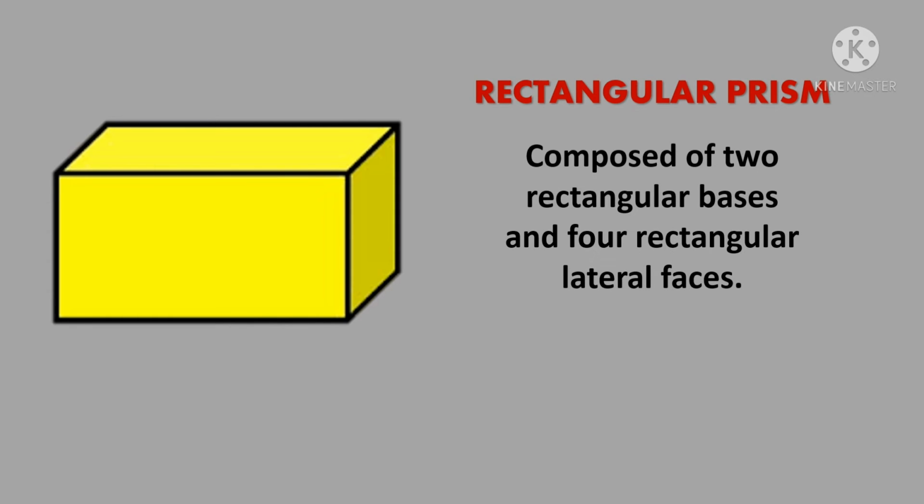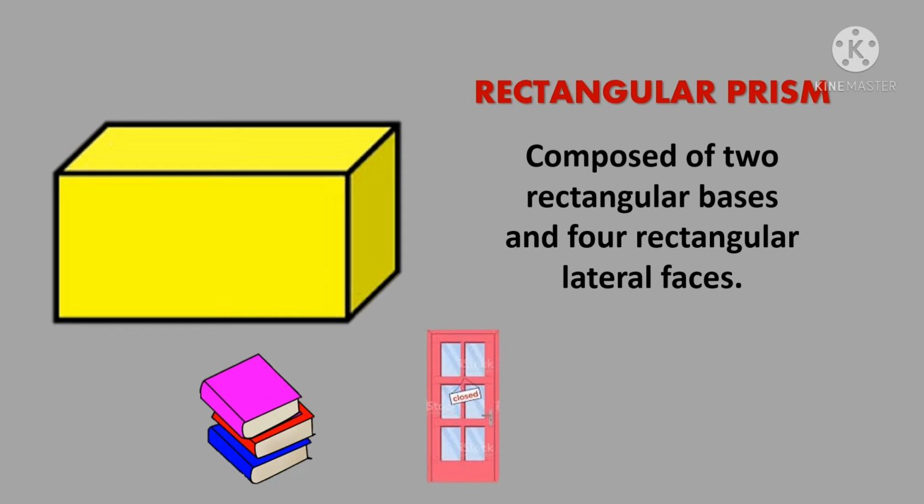Next one, we have a rectangular prism. A rectangular prism is composed of 2 rectangular bases and 4 rectangular lateral faces. Examples of rectangular prisms are a book, a door, and an aquarium.